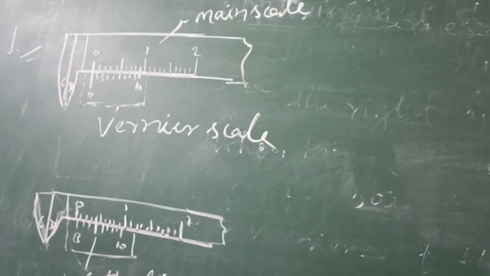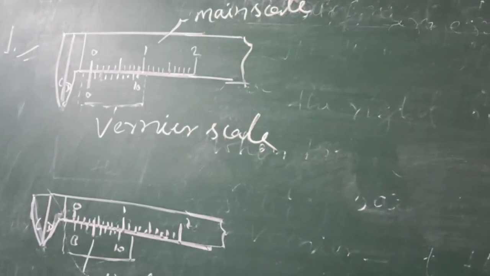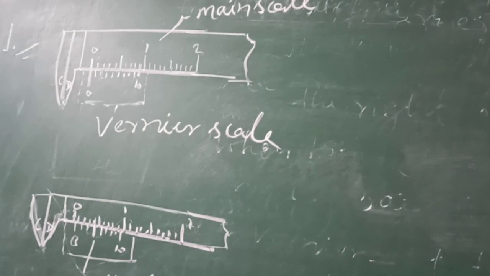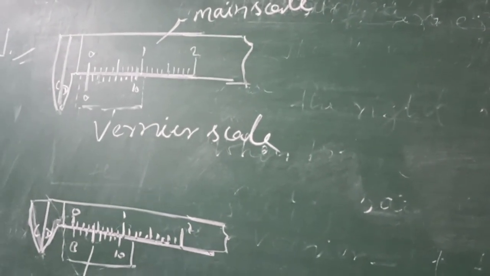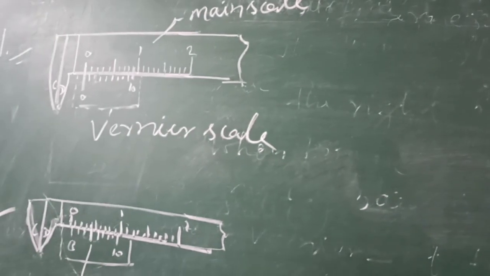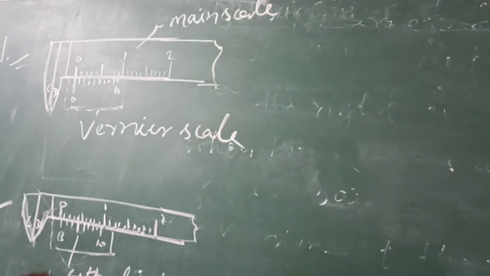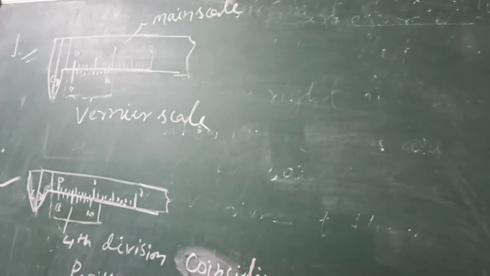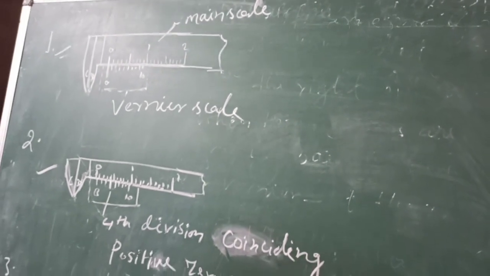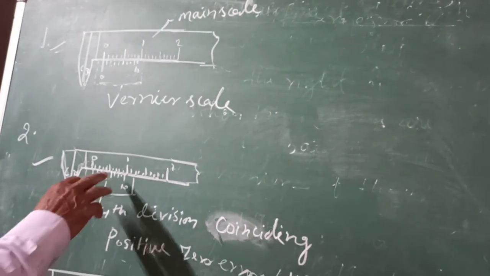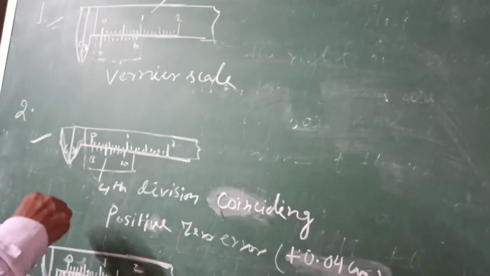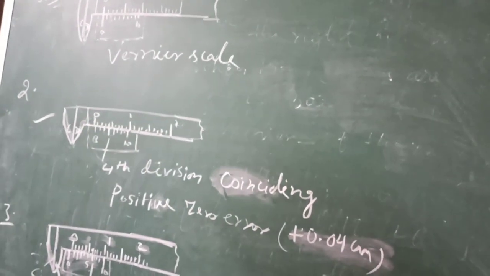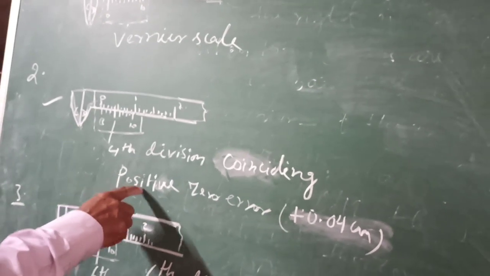If it is so, the vernier is said to be free from zero error. Second, the vernier zero mark is on the right side of the main scale zero mark. It is known as positive zero error.